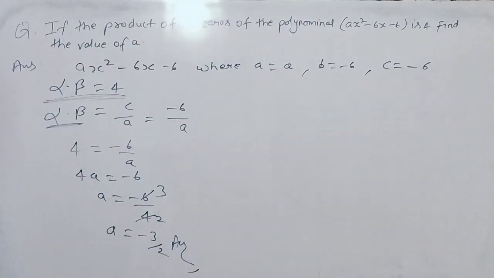From this we got the value of a as minus 3 upon 2. Clear? So minus 3 upon 2 is the correct answer. Now next question.